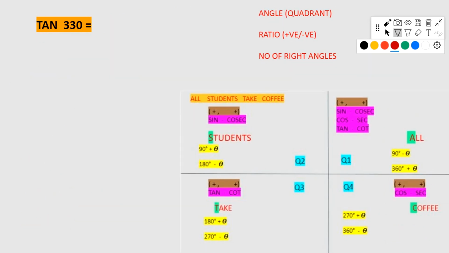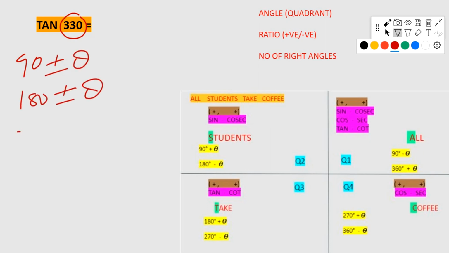Next, one more example. Tan 330 degrees. The value of tan 330 degrees is dash. In this type of question, any angle can be written as 90 plus or minus theta, or 180 plus or minus theta, or 270 plus or minus theta, or 360 plus or minus theta.